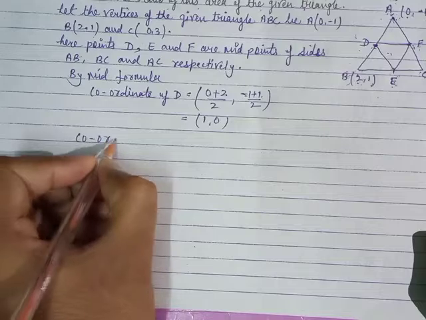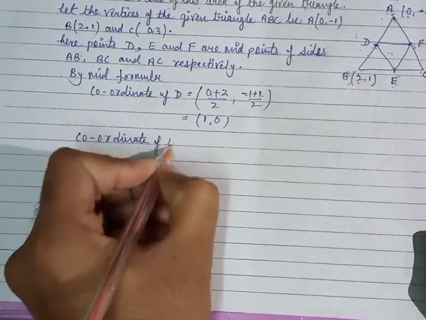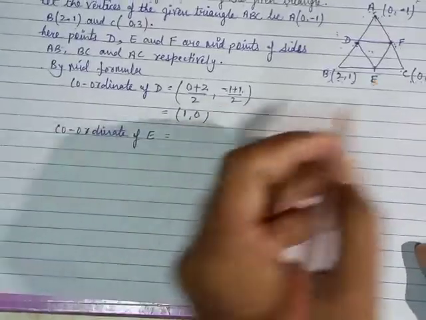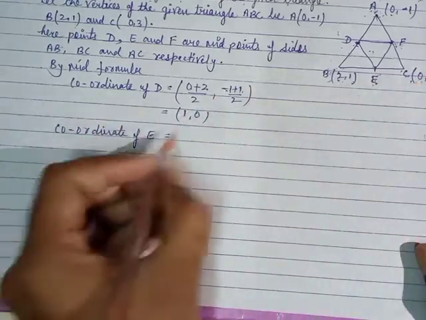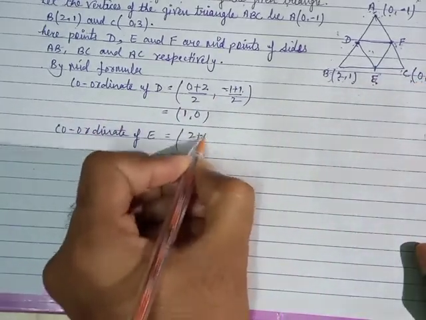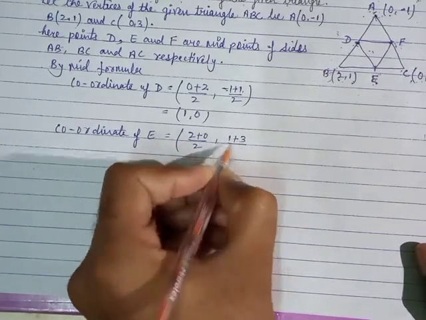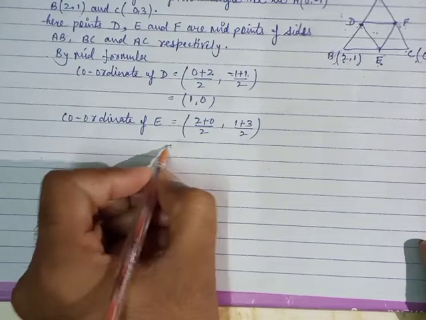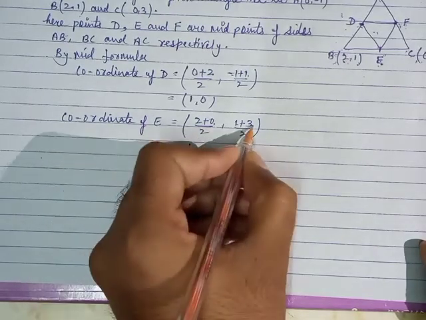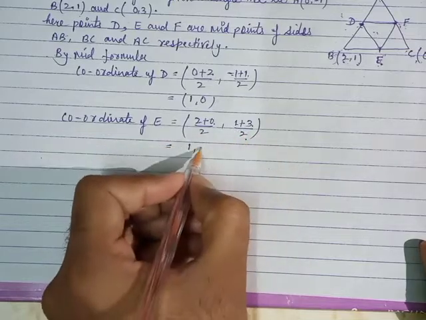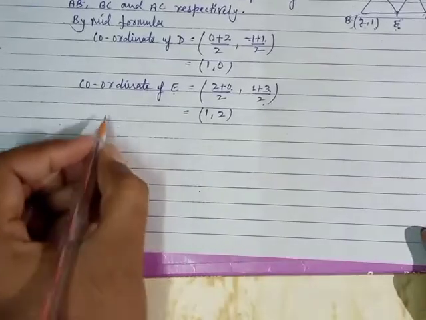Coordinates of E: similarly, we get the coordinates of E as 2 plus 0 upon 2 and 1 plus 3 upon 2. You can see 2 plus 0 will be 2, divided by 2 we get 1, and 1 plus 3 is 4, divided by 2 we get 2. So the coordinates of E will be (1, 2).